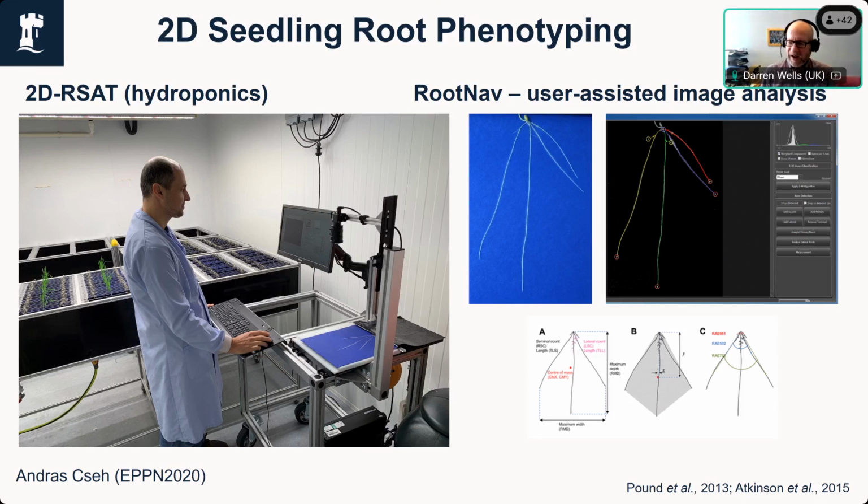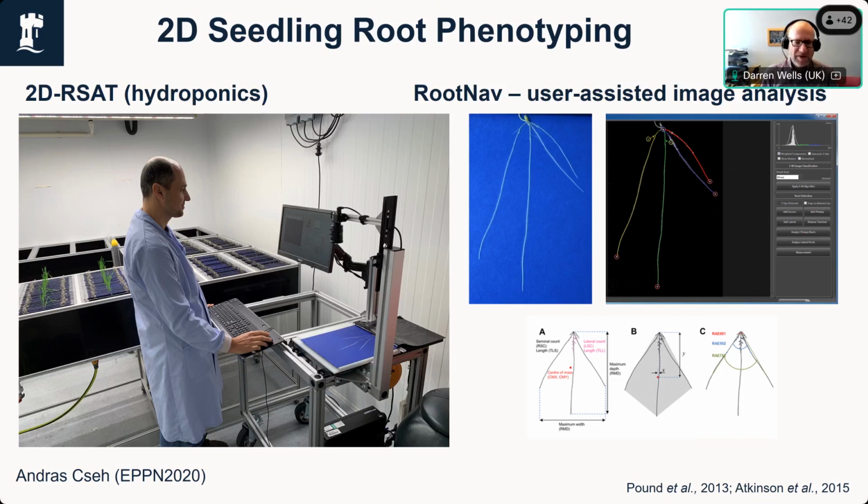An advantage of having a manual system first, or a semi-manual system, is that you quickly develop a large data set of expert annotated images. So John Atkinson, who's the author of the paper in 2015 that used this system, had manually or semi-manually used the RootNav program for something like 6,000 or 7,000 images.